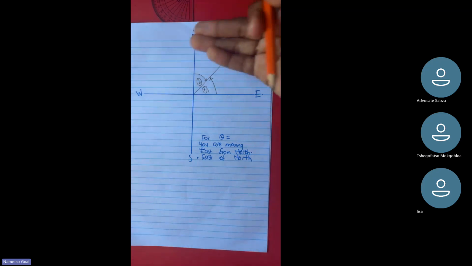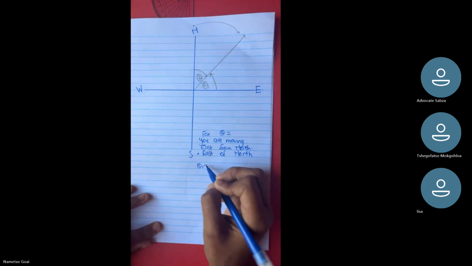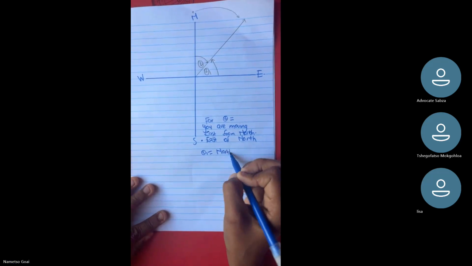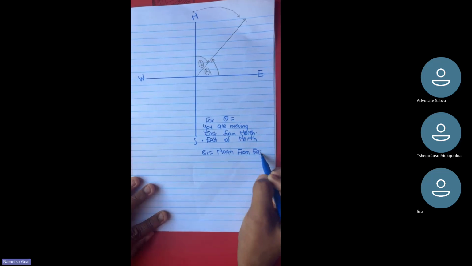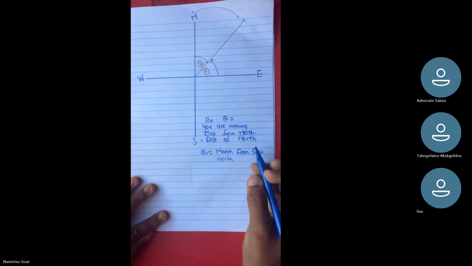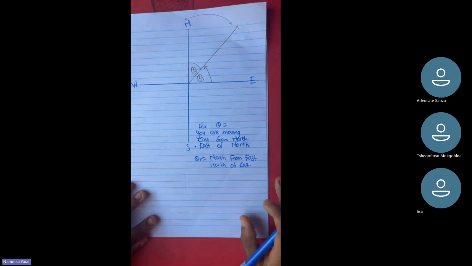So you're moving north from the east. So for theta 1, when you write it down, you just say north of east. Do you guys get this?